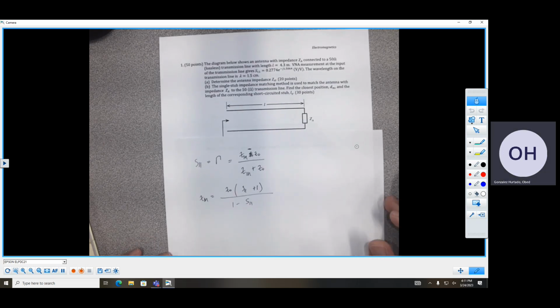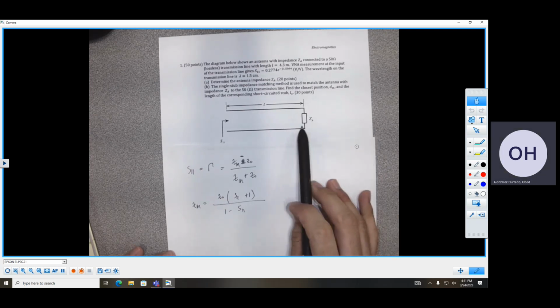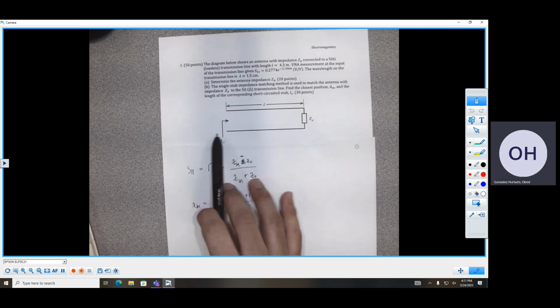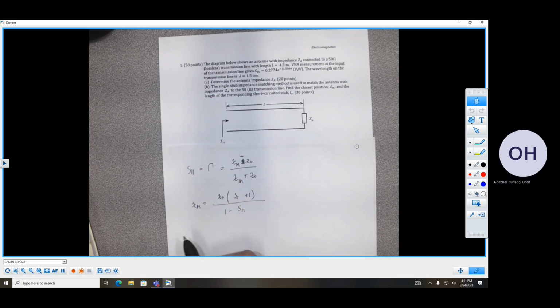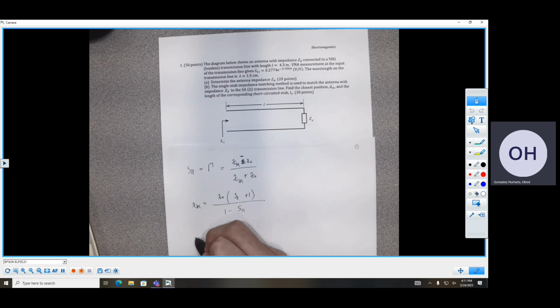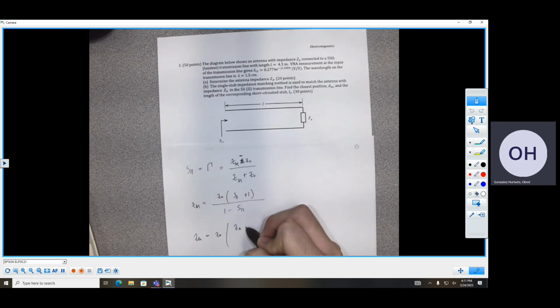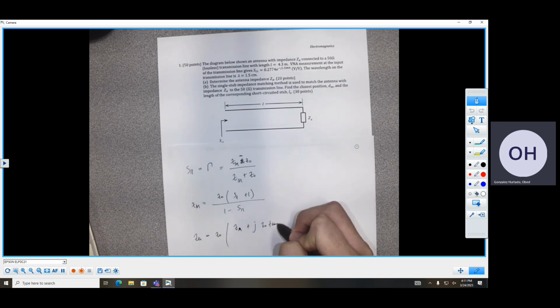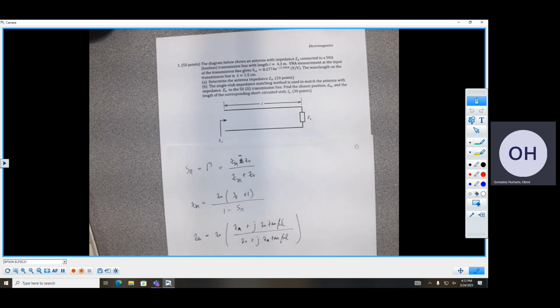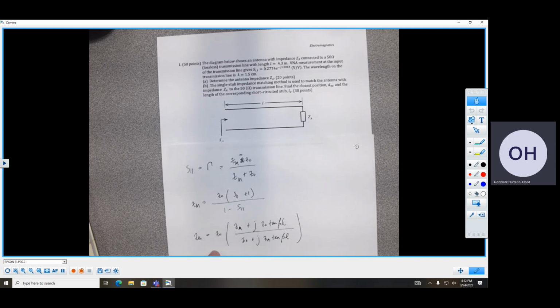One step closer. So from here, we know that if we shift Za through the transmission line, we can get Zn. So we know this, just a simple Zn equation.